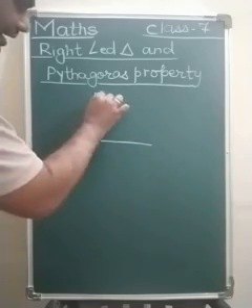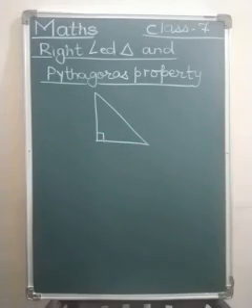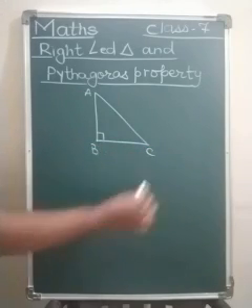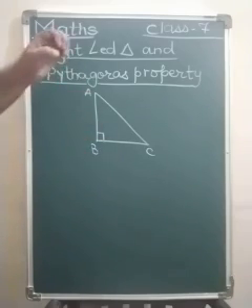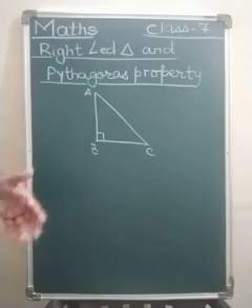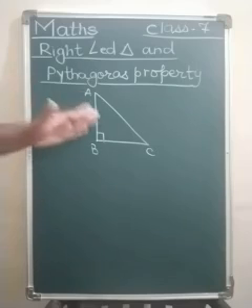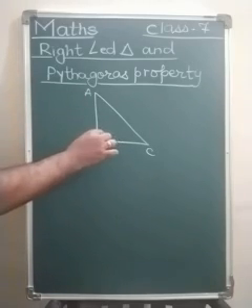Suppose this is a right angle triangle. Okay, say A, B and C. Now first of all we will have to see what the property is, but before going to that, first we will see what are the names of the sides given to a right angle triangle. This is the right angle, this is the 90-degree angle.